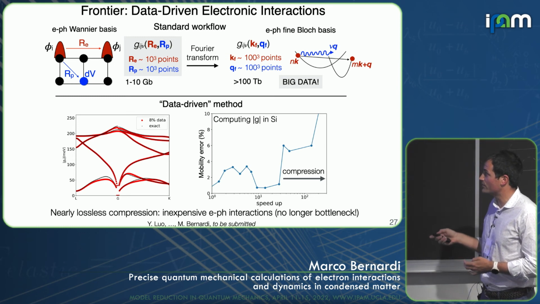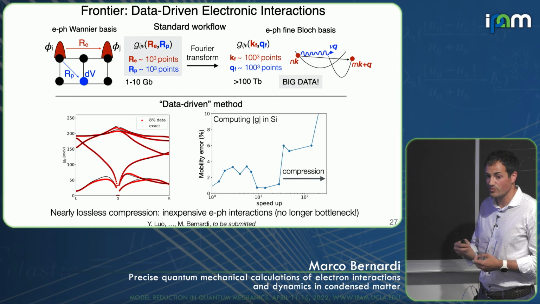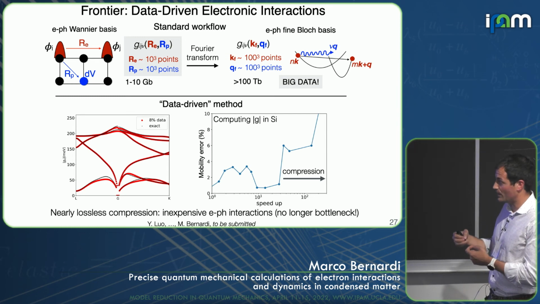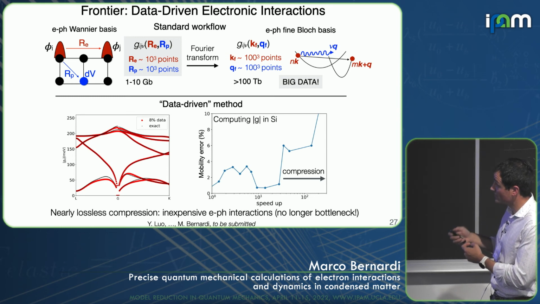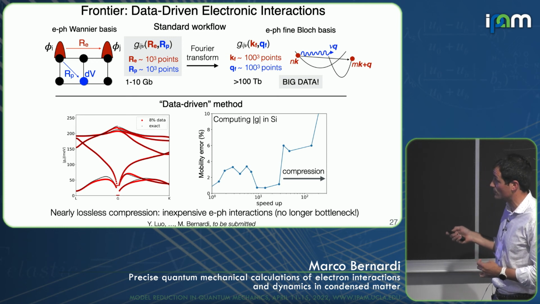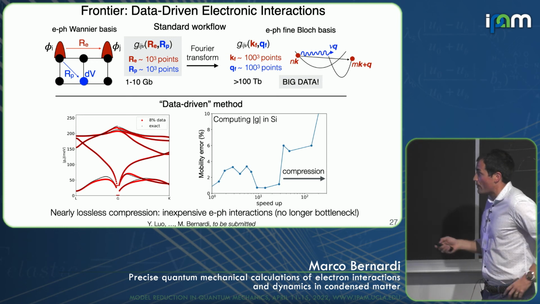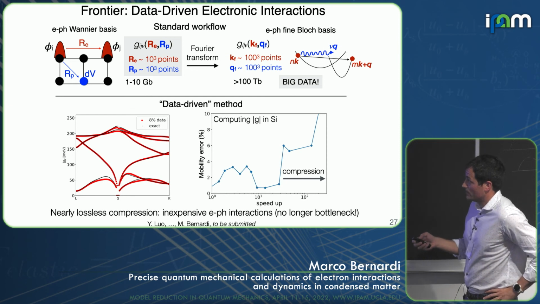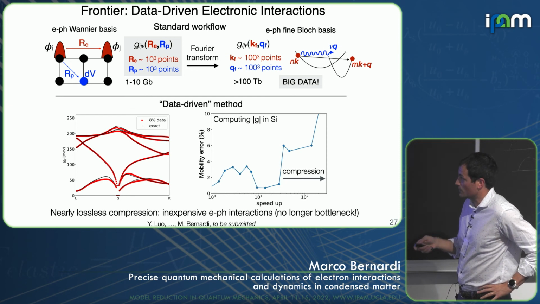They're also in both the electron momentum k and phonon momentum q. They're not particularly smooth, and they're also non-analytic. So it's very difficult to just interpret this data. Now, the question is, can we find more minimal models?